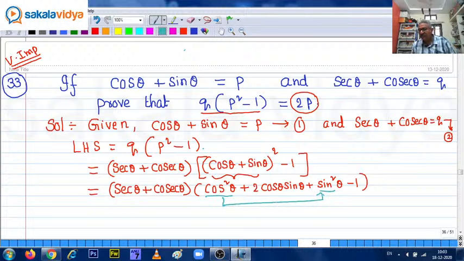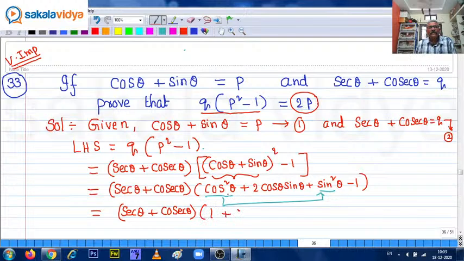So now we get sec theta plus cosec theta into (cos square theta plus sin square theta, 1) plus 2 sin theta cos theta minus 1. This plus 1 minus 1 gets cancelled. We have 2 sin theta cos theta multiplied by sec theta plus cosec theta.